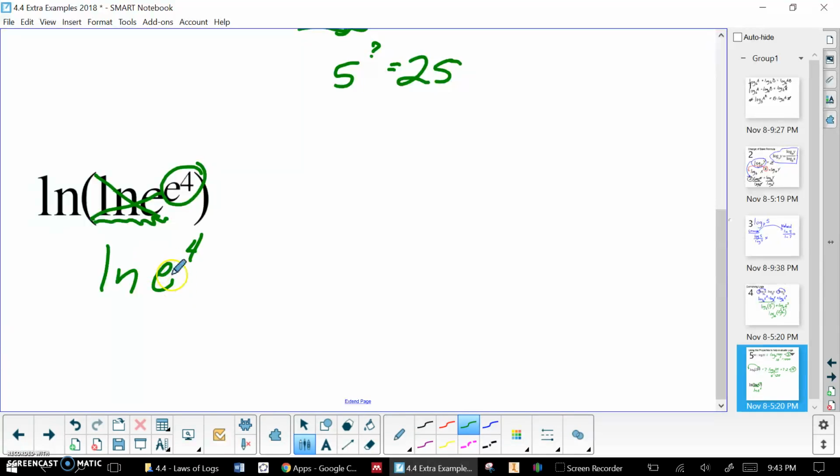And again, since natural log and e are inverses, that whole thing just evaluates to 4. This is going to be something you're going to see quite a bit, using natural logs to remove exponents. And so you hopefully saw those last few examples in the first video. That's actually going to come up more later on. But for now, you'll just see those simplifying expressions help you out in solving or evaluating for different logarithms.